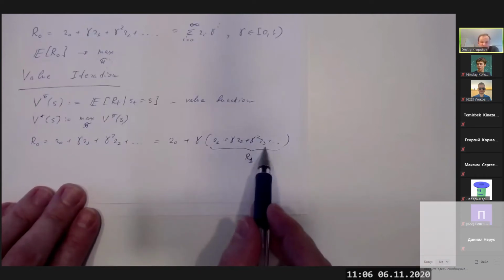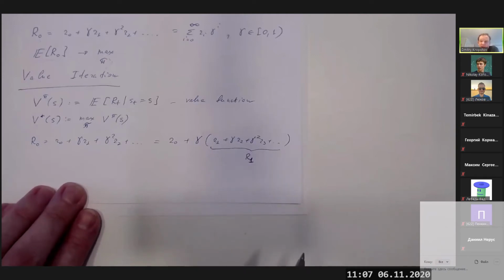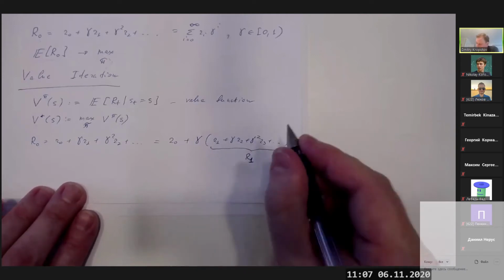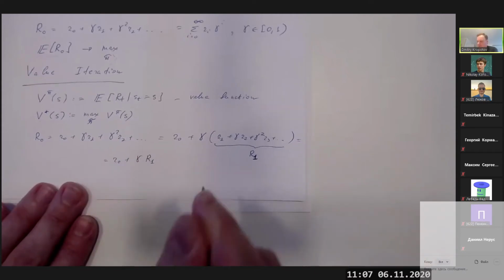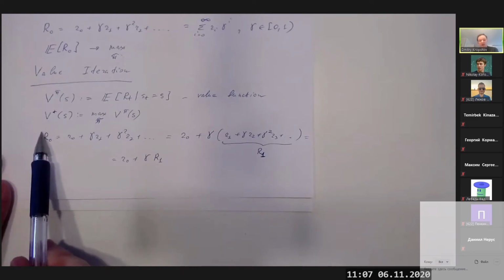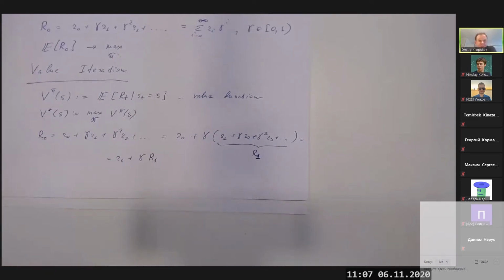So this is the cumulative reward that we get starting from the first time moment. So here we have a kind of recursive formula that connects the cumulative rewards at the neighboring time moments.